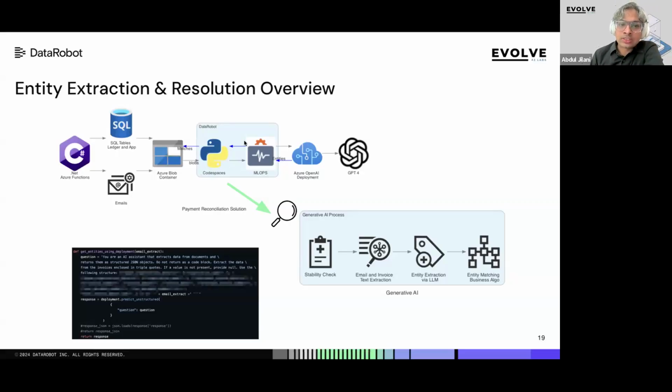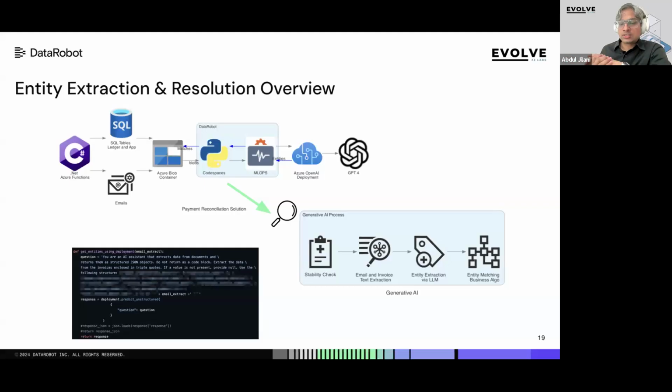So if we zoom into what is happening inside of DataRobot, first, we have built-in notebooks and Python scripts to do a stability check. Why do we need a stability check? Because these are financial automation or financial processes. We need to make sure that the LLMs are stable enough and their output is satisfactory. So we have a test data set on which we run the LLM.